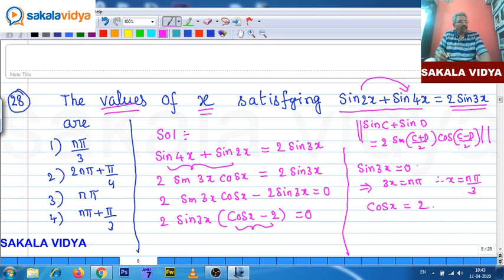Just think, is it possible? Because cos x lies between minus 1 and 1, it cannot become 2. So that's why it is invalid. So x is equal to n pi by 3, which means the first option is the right option.